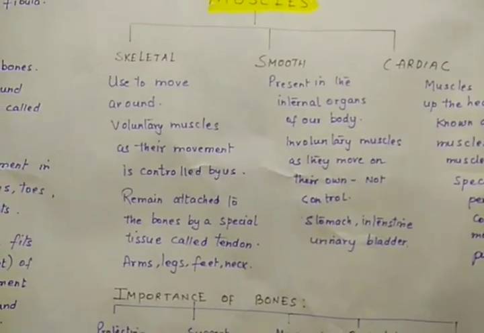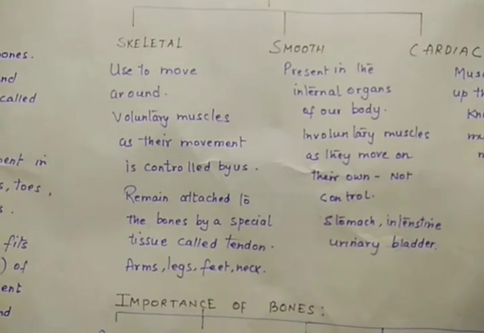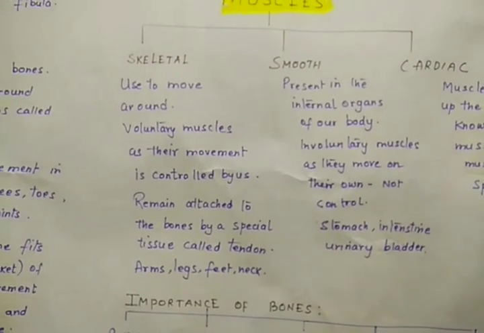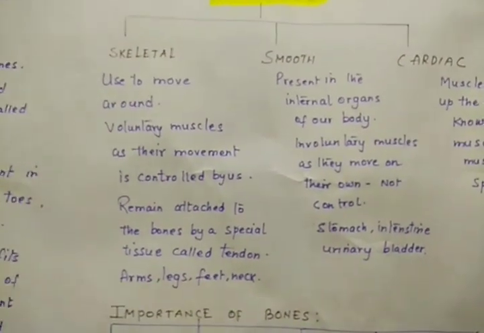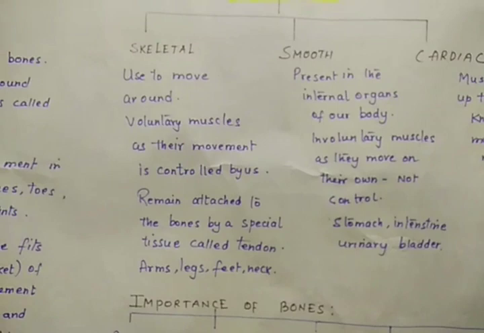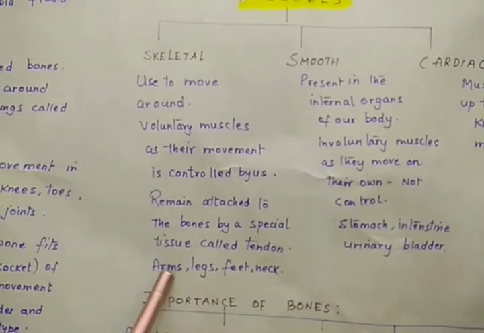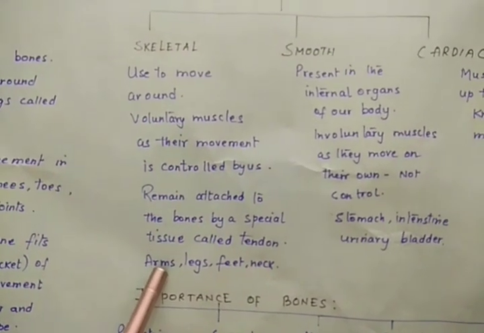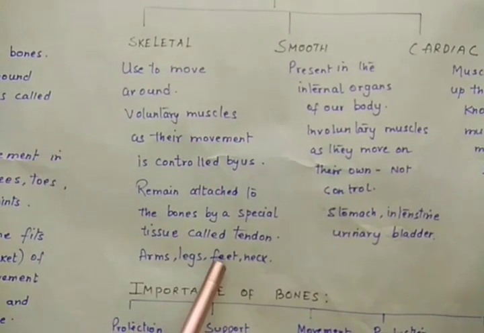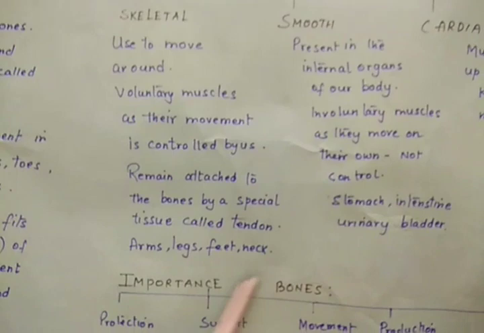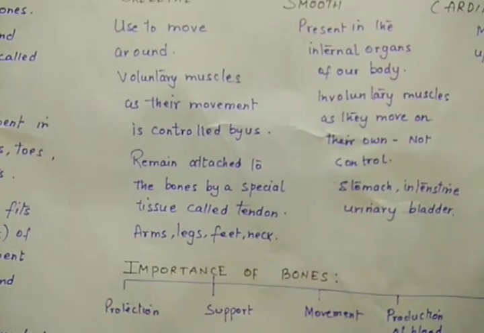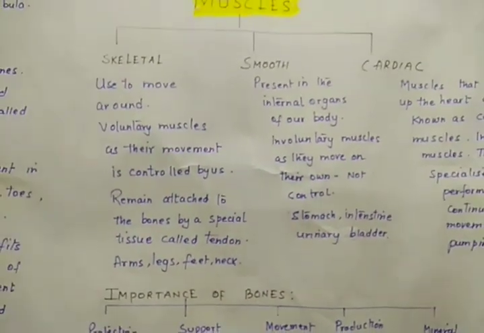In skeletal muscle, we can see muscles that we use to move around. And where are these muscles present? When you talk about arms, muscles of arms, muscles of legs, muscles of feet, muscles of neck. These are examples of voluntary muscles that we can control.